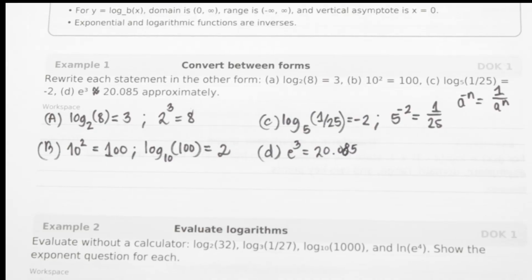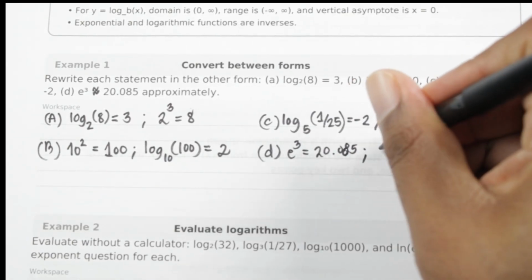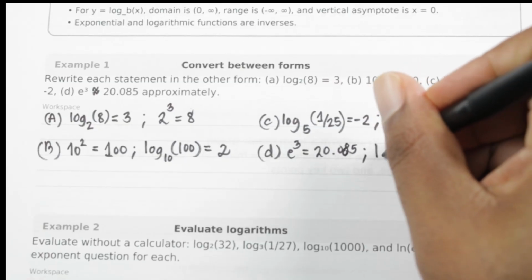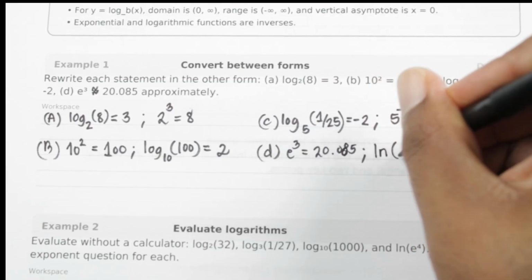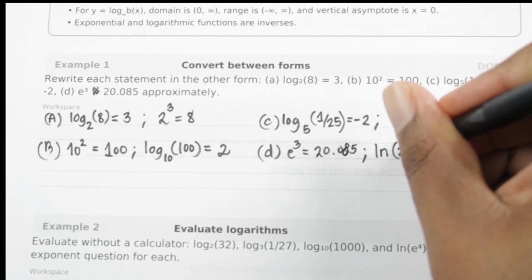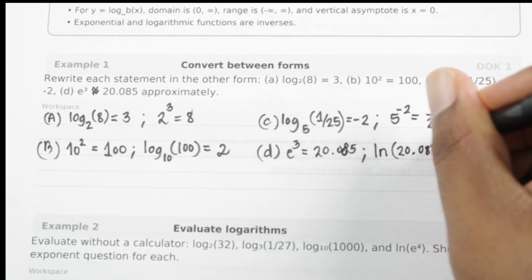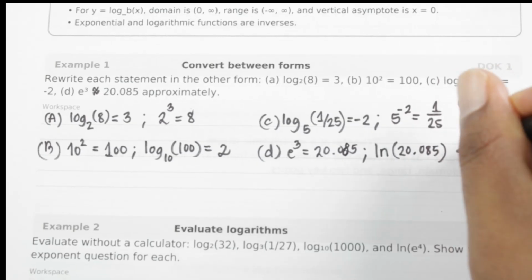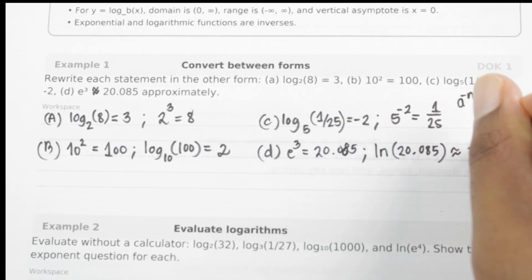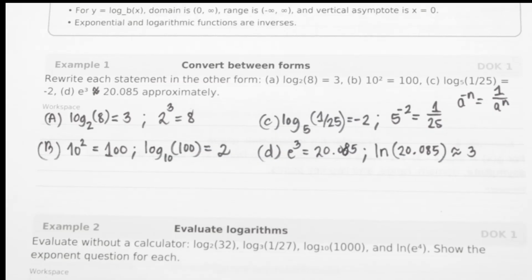So we write it as a natural logarithm. It would be written as ln of 20.085 is approximately 3.